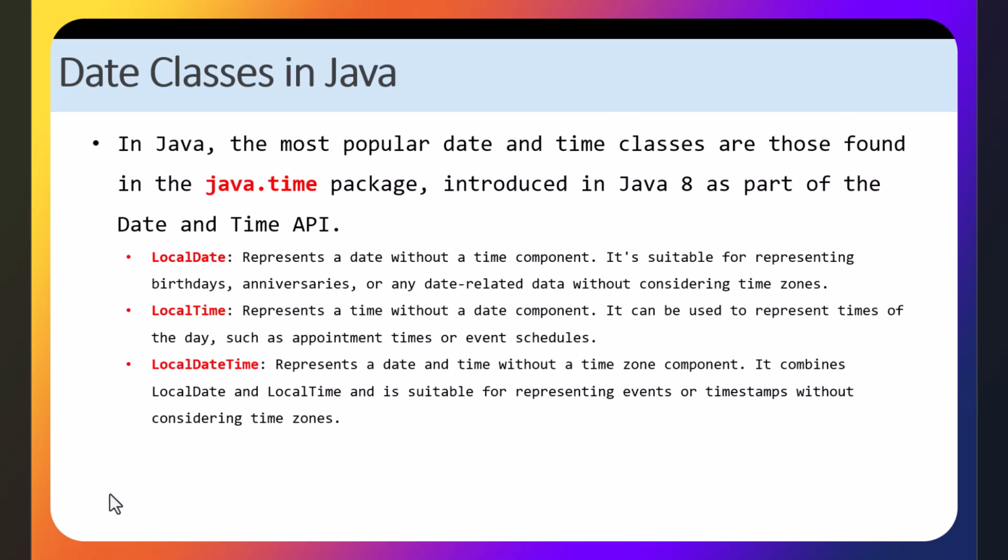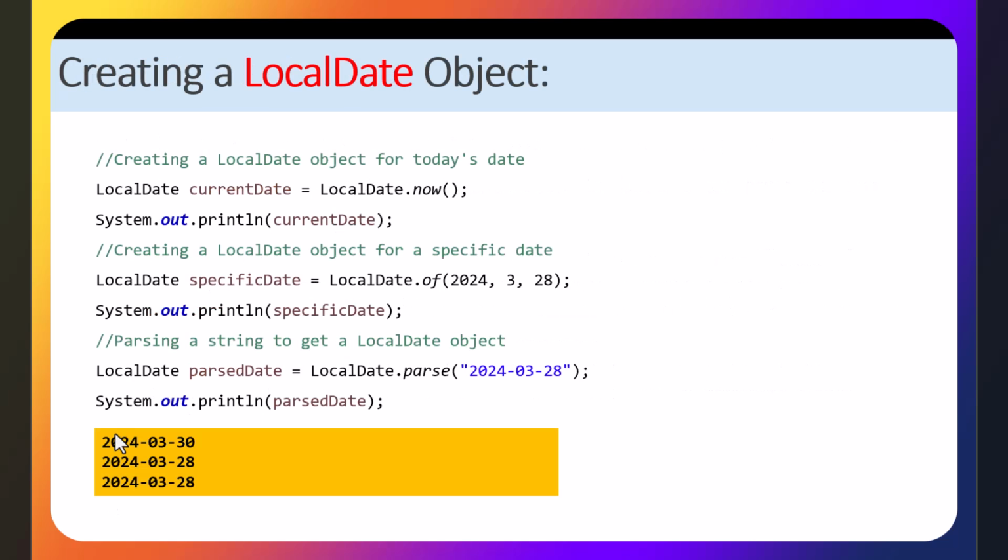We will cover LocalDate. So how to create a LocalDate? LocalDate is the class name. It's in the time package. For the current date, LocalDate.now() will give you today's date. Remember, this is only date. If you look at the output here in the first line, this is today's date.